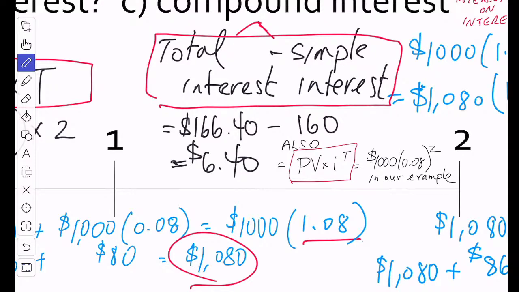Okay, so all we've done here is just use arithmetic. I haven't even used the calculator yet, the time value of money. So we're going to get to that next. I just want to be sure you're following what I'm doing here.